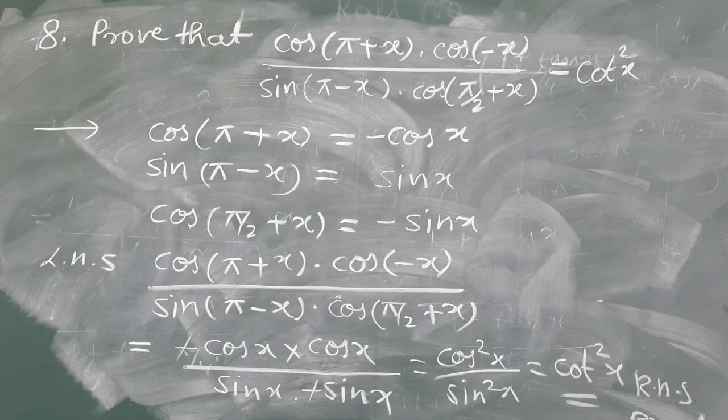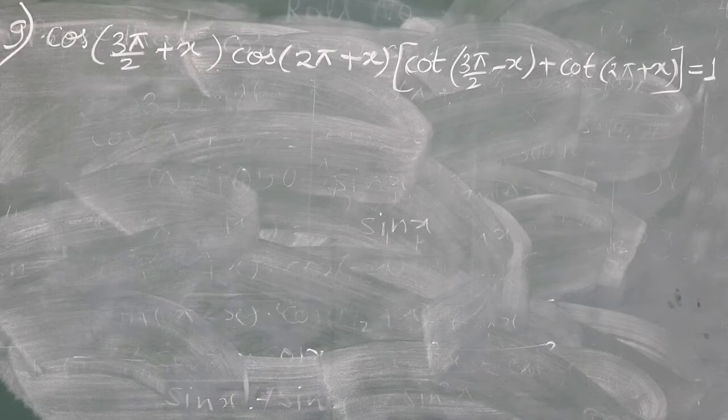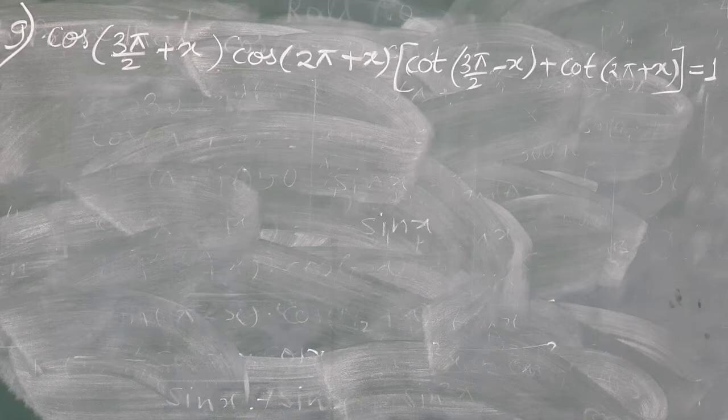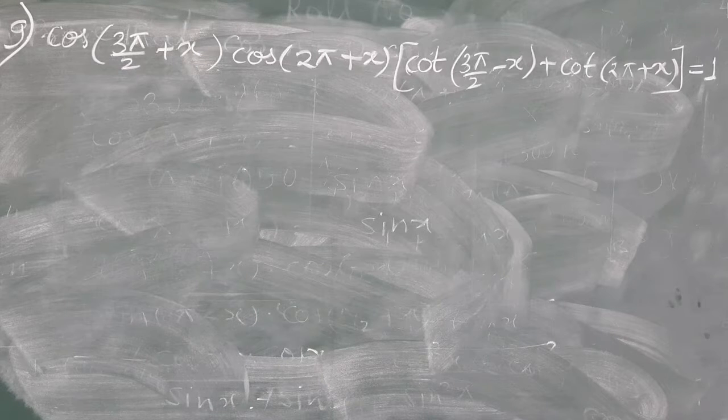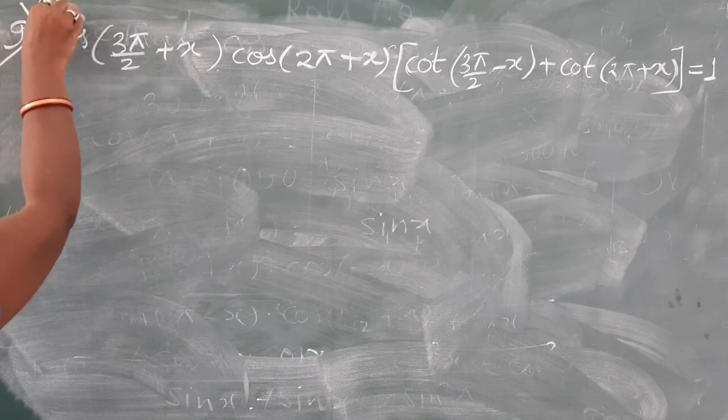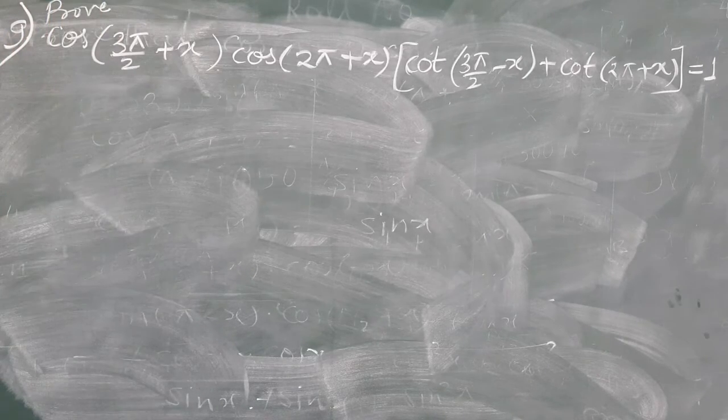Now question number 9: cos(3 pi by 2 plus x) into cos(2 pi plus x) into cot(3 pi by 2 minus x) plus cot(2 pi plus x) equals 1. We have to prove it. So the left hand side will start.